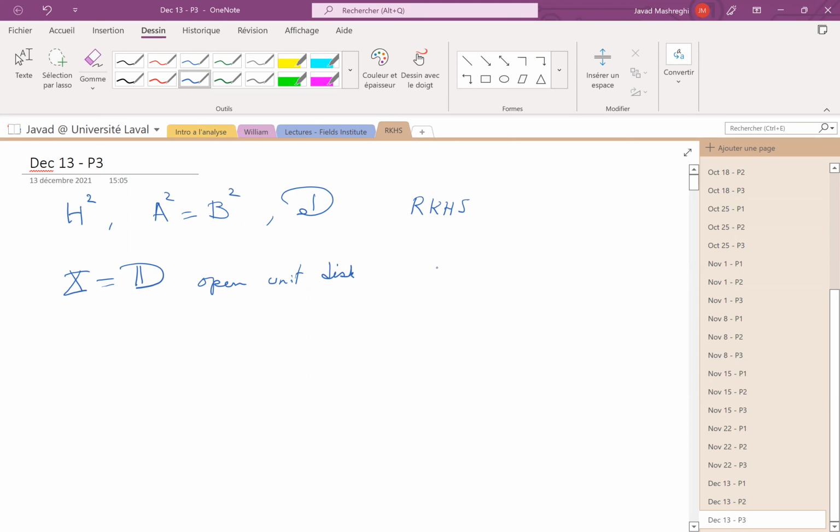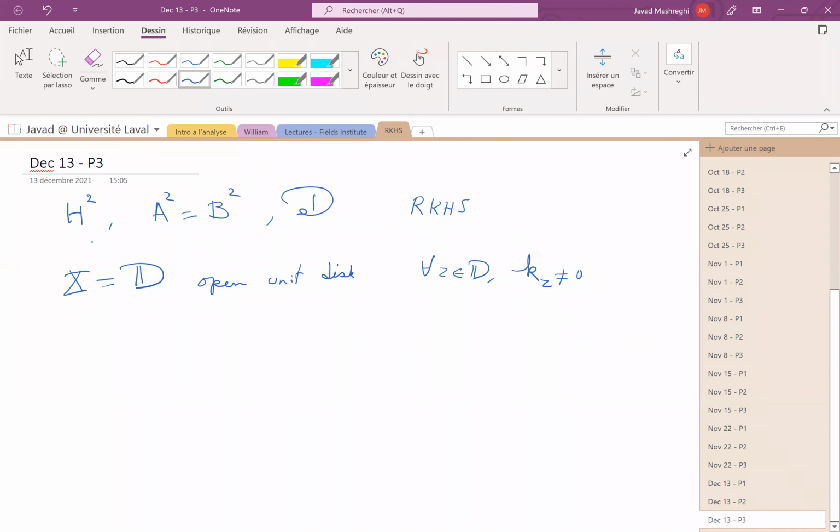And at each point, there are functions which are not zero at that point. Therefore, for every z in D, we are sure that k_z is not equal to 0. In all cases, H2, A2, and D, k_z is not equal to 0.